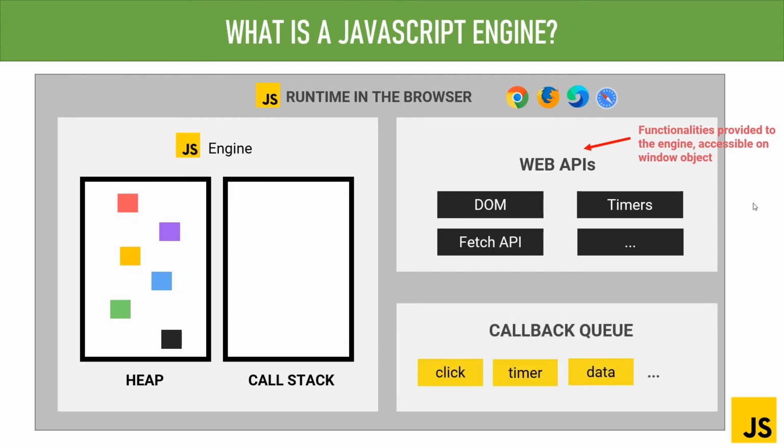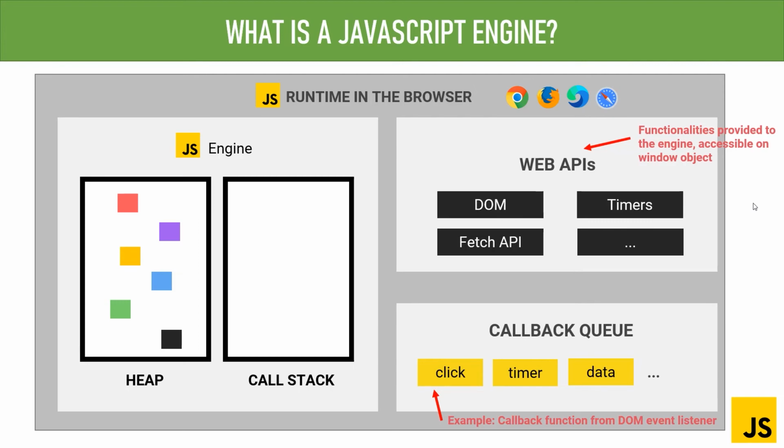This is a data structure that contains all the callback functions that are ready to be executed. For example, we attach event handler functions to a DOM element, like a button, to react to certain events, right? And these event handler functions are also called callback functions. Okay? So as the event happens, for example a click event, the callback function will be called.